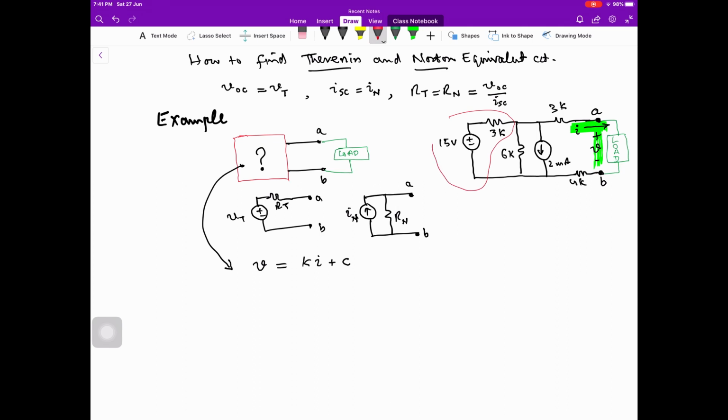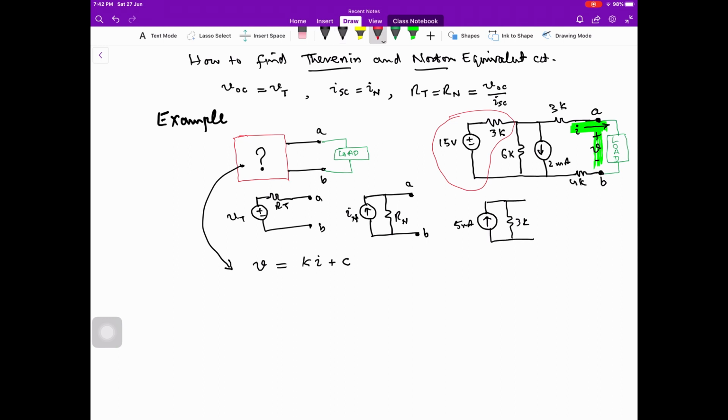We see a voltage source, and this voltage source can be transformed into a current source due to 15 volt and 3K. This is 5 milliampere, and 3K is in parallel, so I have transformed the voltage source.